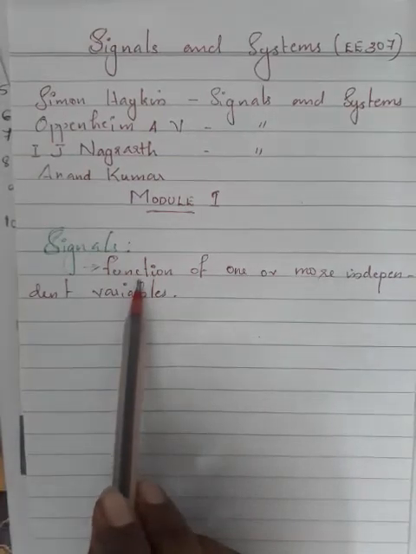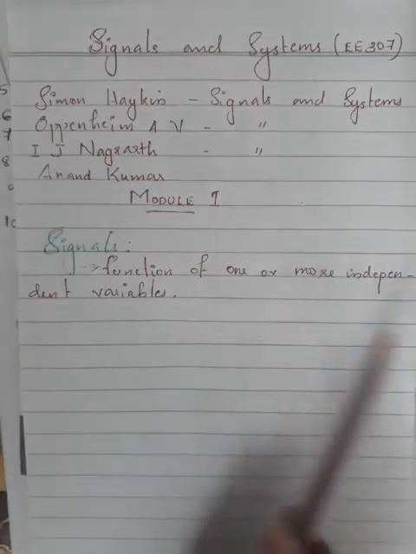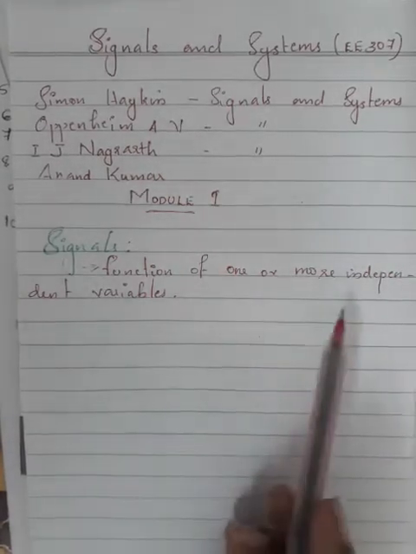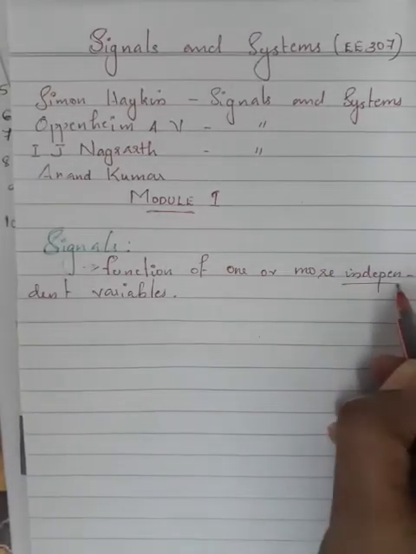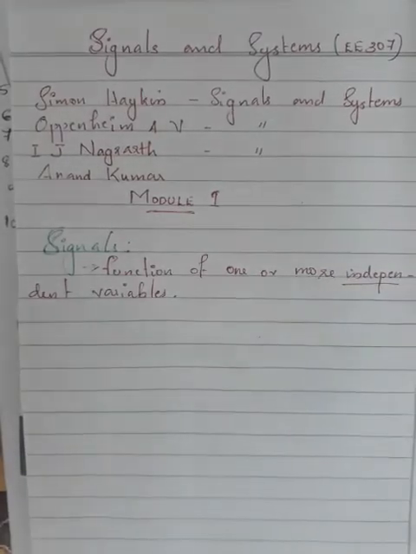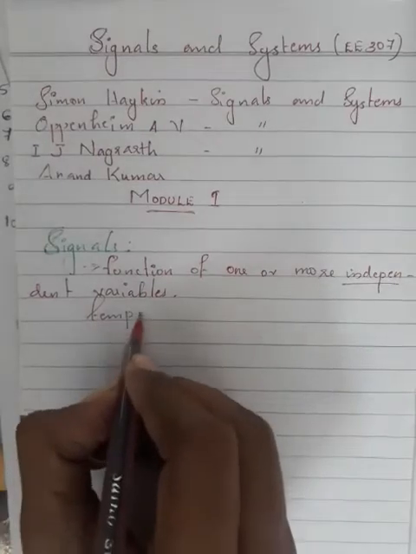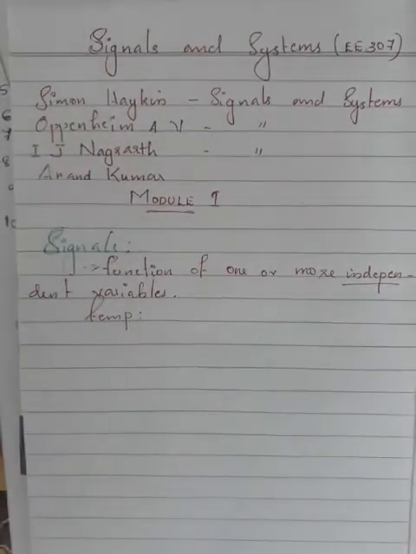A signal can be represented as a function of one or more independent variables, and this independent variable may be time or distance or position, etc. For example, if you are measuring temperature, it may be with respect to time.